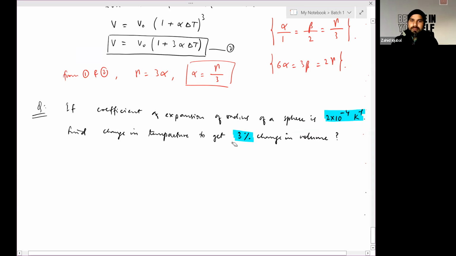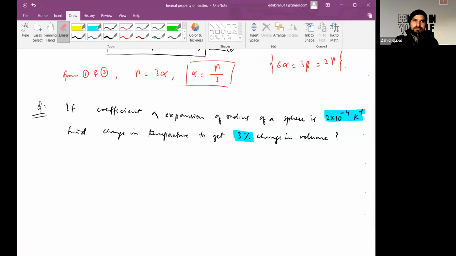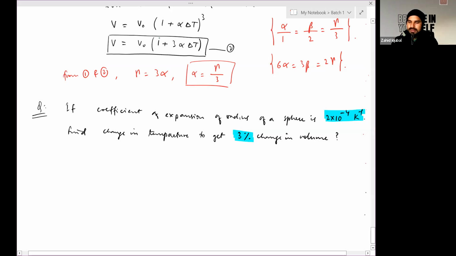Now we have percentage change in volume. You may convert percentage in terms of fraction and then put the formula and try to find the rest. Khalid, any doubt? You may write percentage change in volume as delta V divided by V multiplied by 100 equals 3%.